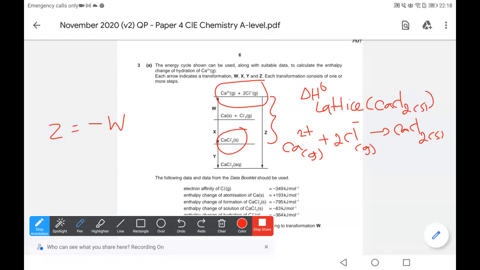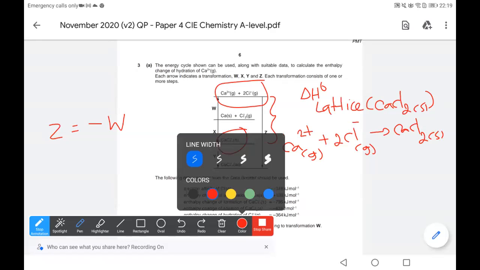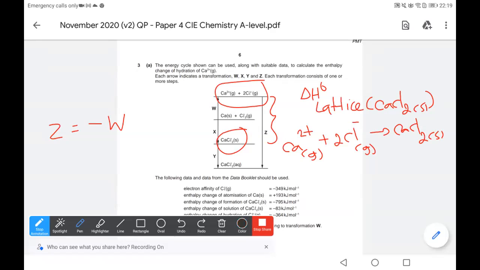So W, if you say minus W, the arrow becomes this direction.